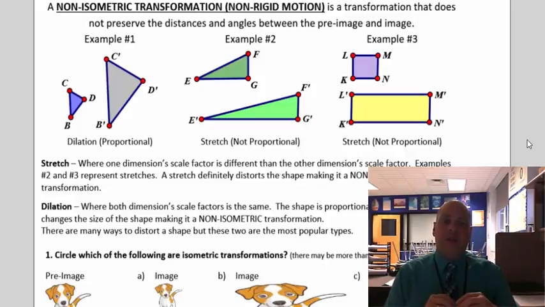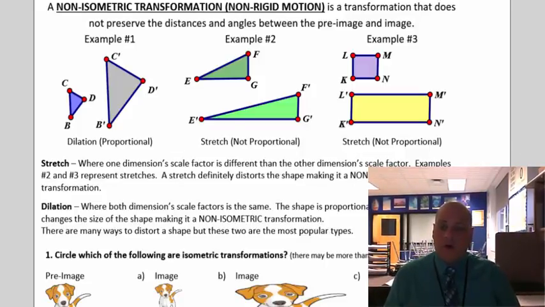And then in example 3, the shape got changed. It became a square to a rectangle, and it's not proportional, so it can even be thought of as a stretch. Anyways, the shape changed, and therefore it's stretched, and therefore it is non-isometric, non-rigid.